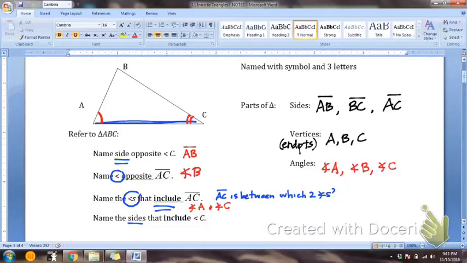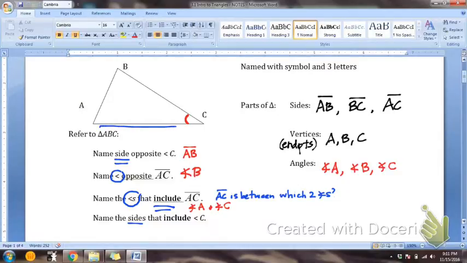The next one says name the sides that include angle C. So let's look at where angle C is. So angle C is here. What are the sides that include angle C? Another way to ask that is angle C is between which two sides?